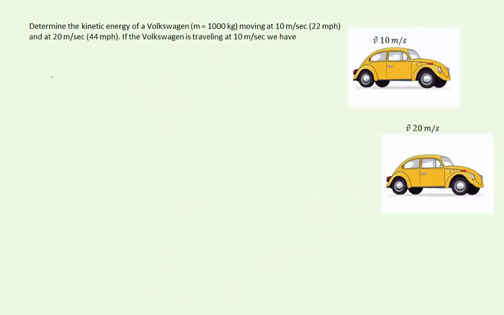In our third example, we're asked to determine the kinetic energy of a Volkswagen that has a mass of 1,000 kilograms, moving at a velocity of 10 meters per second, and then find the kinetic energy of the Volkswagen if it's moving at 20 meters per second. So, if we find the kinetic energy of the Volkswagen when it's traveling at a velocity of 10 meters per second, we know that our formula for kinetic energy is equal to 1/2 our mass times our velocity squared.